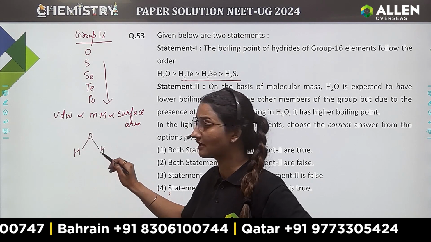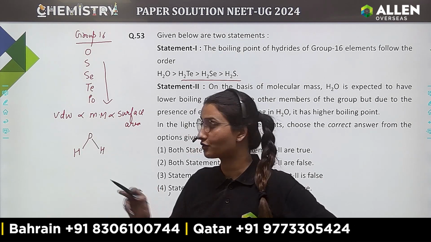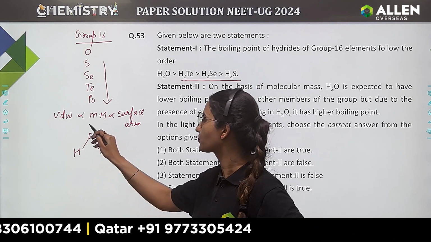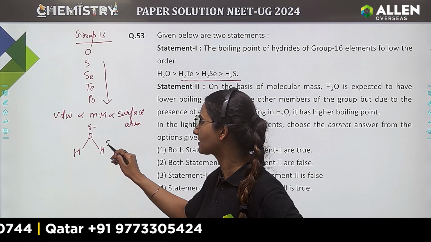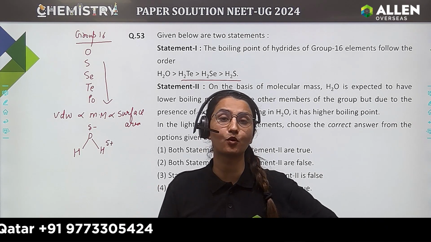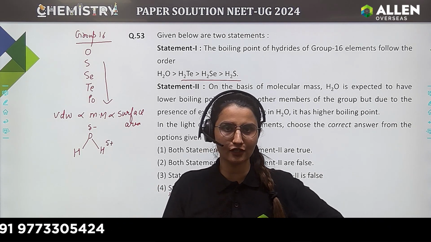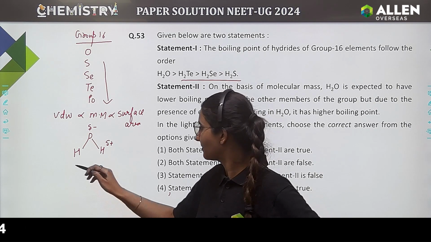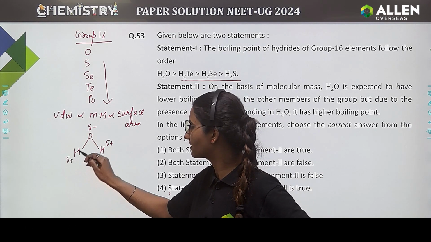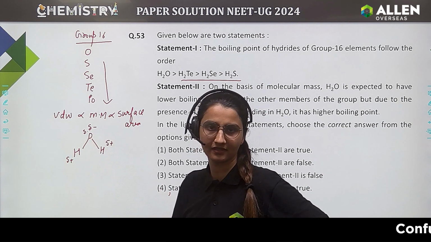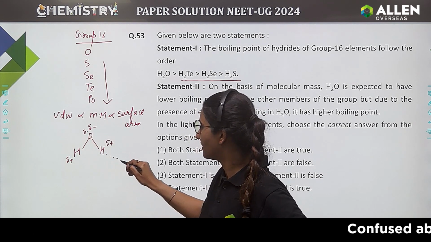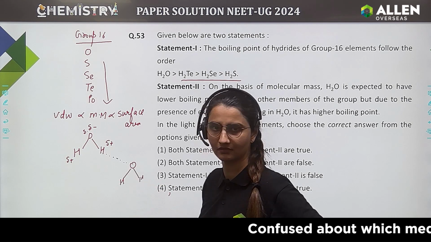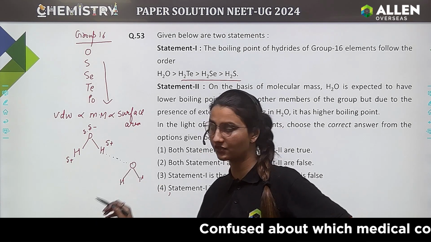Hydrogen bonding is H attached to an electronegative atom. It develops partial charge. See, if O has delta negative, H will have delta positive based on electronegativity difference. Similarly here, H has delta positive, it has what? Delta negative. This H can interact with the O of the other molecule. Likewise, this H can further interact and so on.